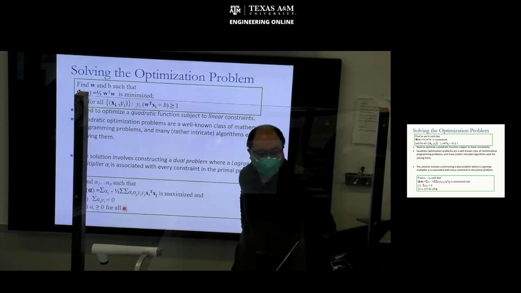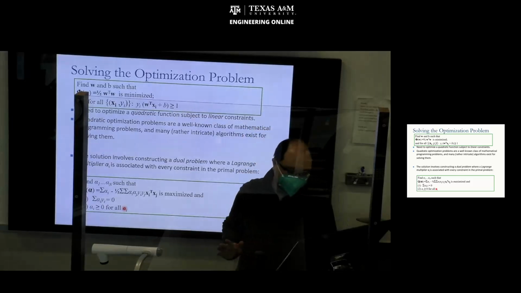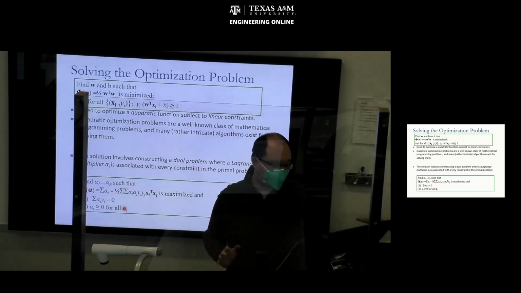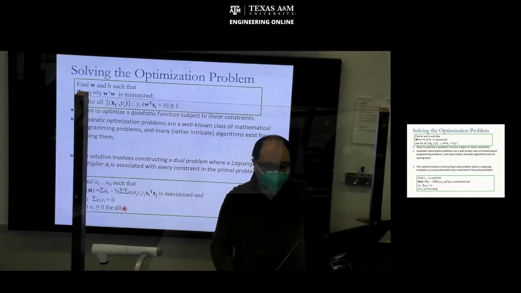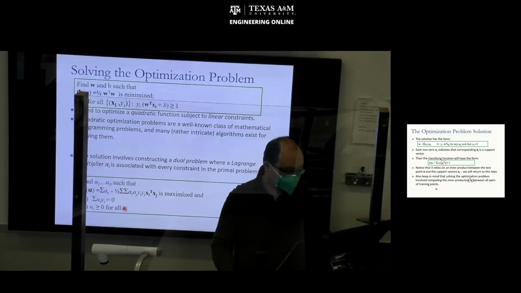For those of you who haven't learned this, I strongly recommend you look at the duality theory in linear programming, for instance. You need to be familiar with what duality theory looks like, and without understanding the dual variables and Lagrange multipliers, it's really hard to understand the support vectors.